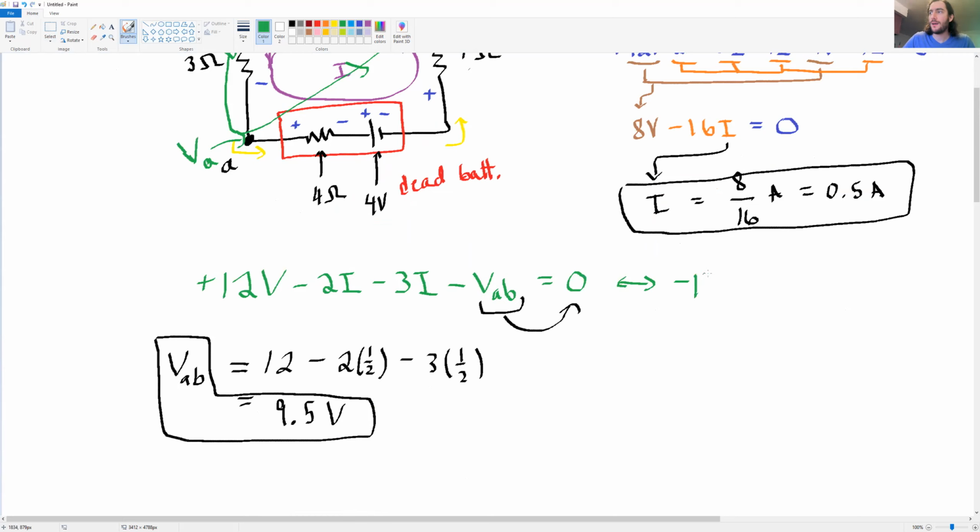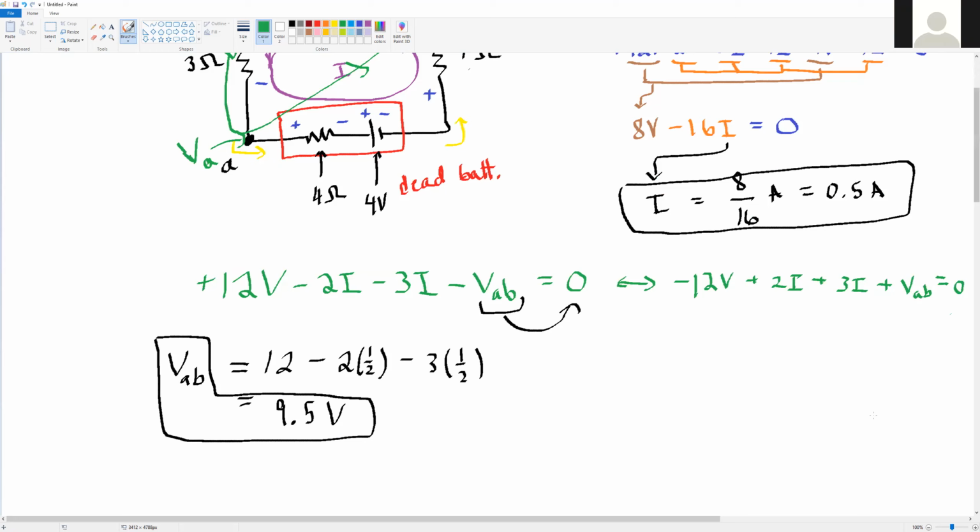So what I would have gotten if I went the opposite direction is minus 12 volts plus 2i plus 3i and then plus VAB, and that would have been equal to 0. So I could have just multiplied by a minus sign and now I have the same equation. Okay. So that's why you said it doesn't matter which way you go. No, it doesn't. It never matters which way you go as long as you apply KVL correctly.